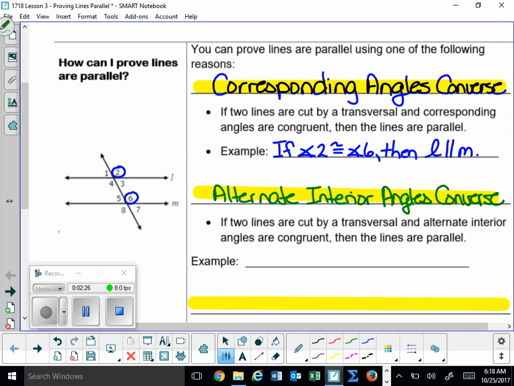So let's take a look at my example. How about angles 3 and 5? So if angle 3 is congruent to angle 5, then line L is parallel to line M. I hope this, oh good, the smartboard did catch up with me.